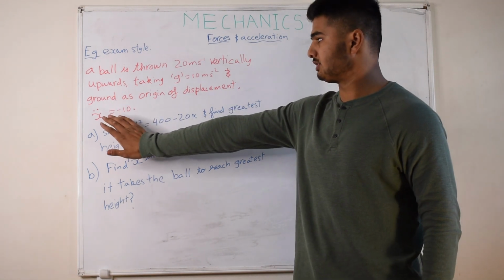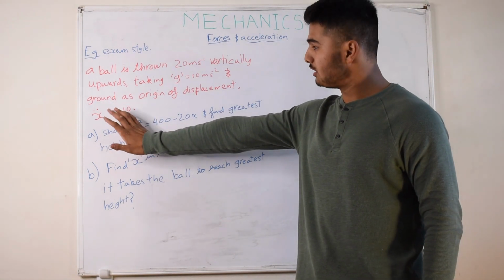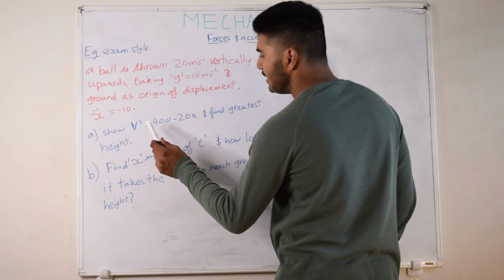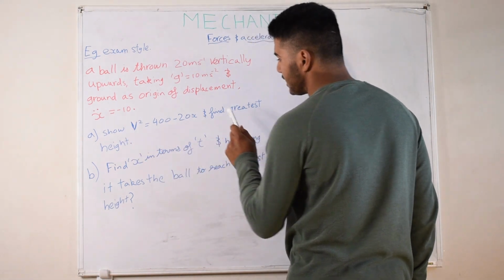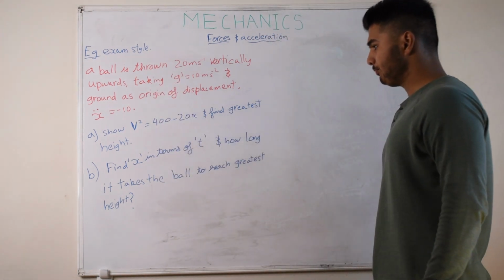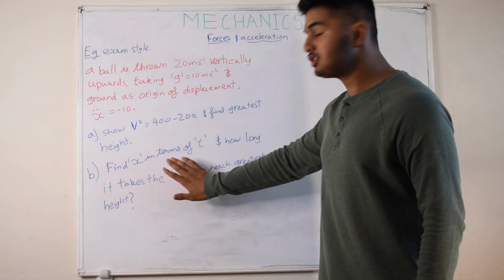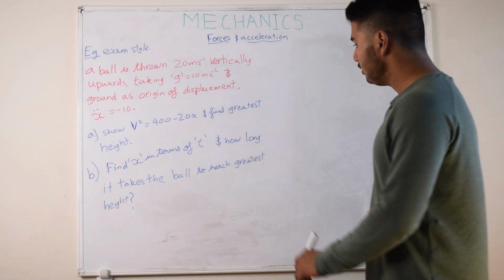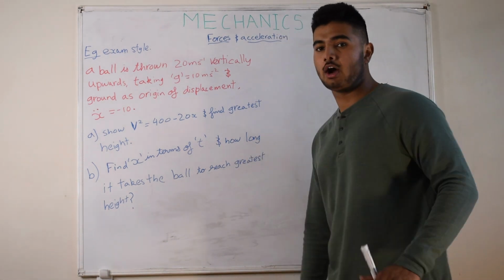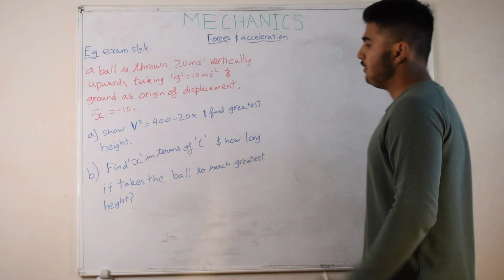The force has given us acceleration, which is -10. A. Show v squared equals 400 minus 20x and find the greatest height that the ball reaches. And then B. Find x in terms of t, and how long it takes the ball to reach greatest height. Start with A over here.